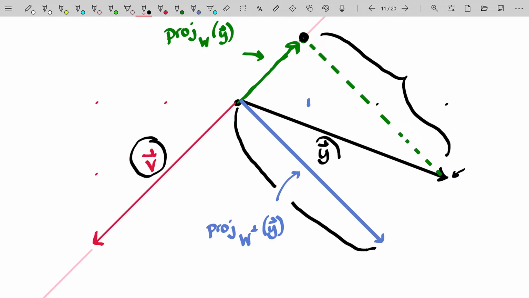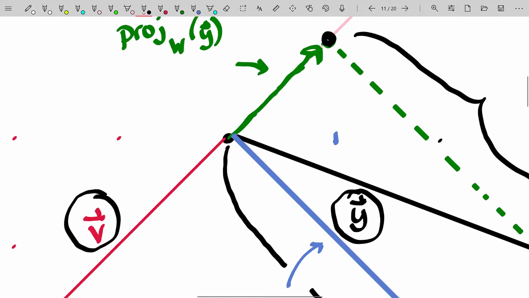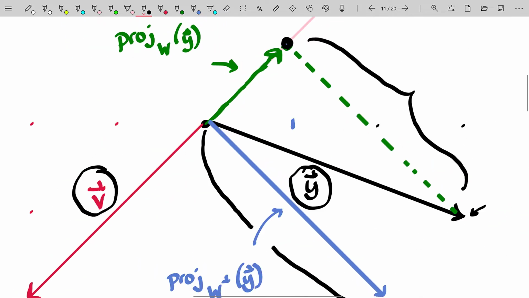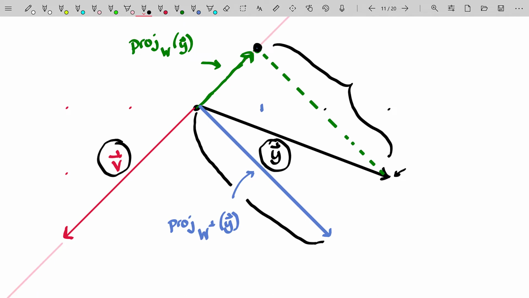I need y to be represented by two vectors that are orthogonal to each other. One of those vectors will be on the span of v, and the other vector will be orthogonal to that span. So the vector that's on the span of v is the green vector. The vector that's orthogonal to that is the blue vector. Y can be written as a sum of those two vectors.